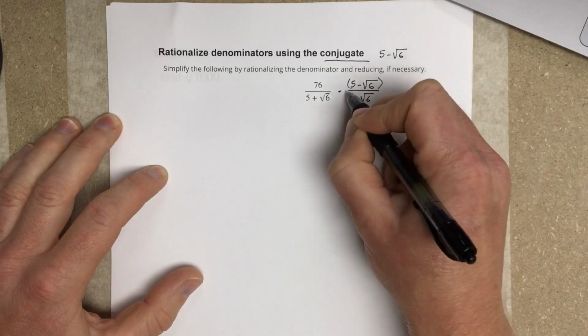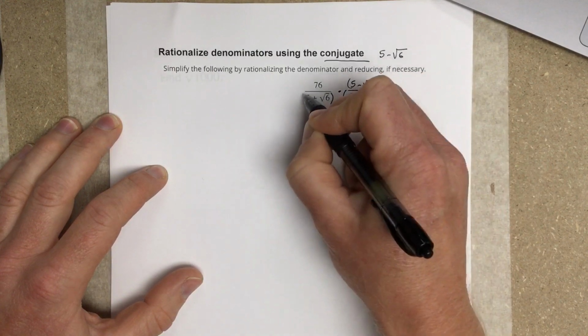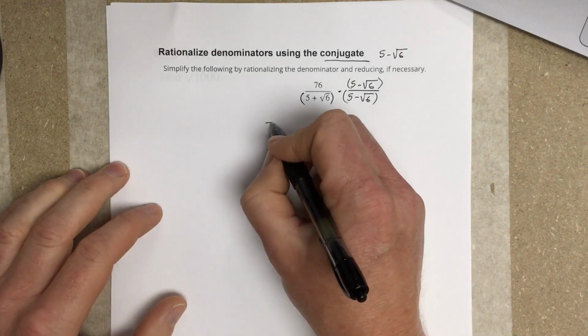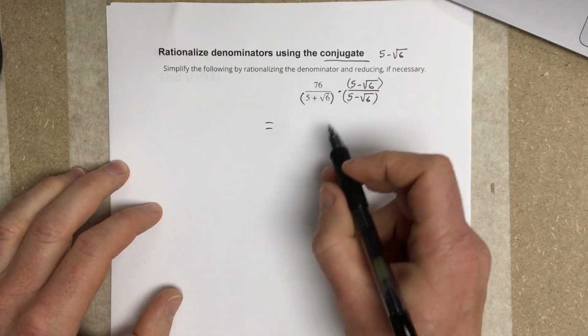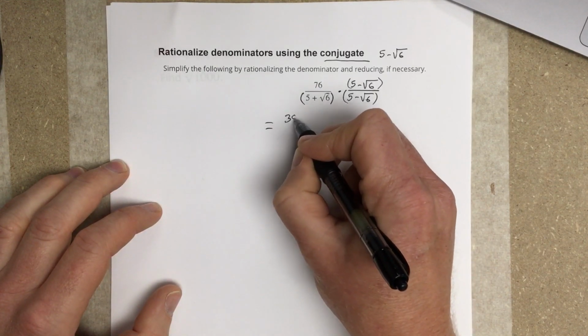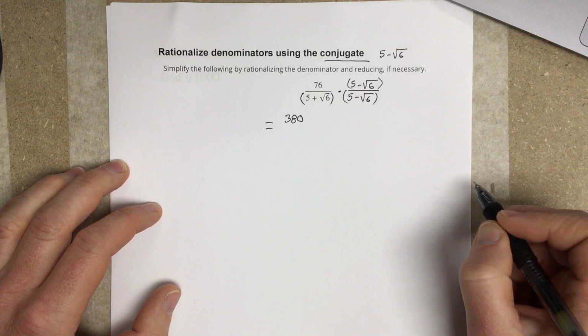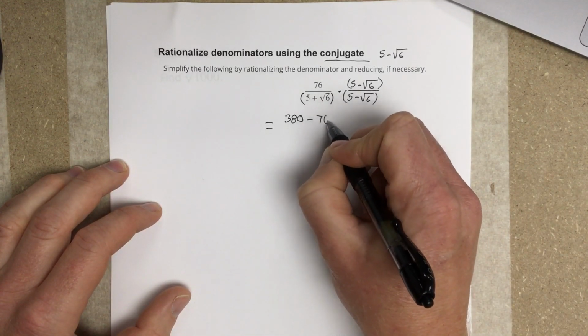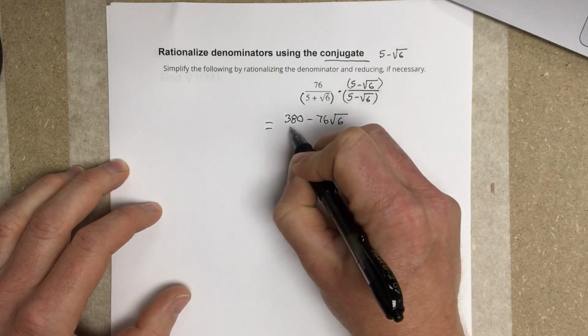Remember, I put parentheses around binomials so I don't forget the distributive property. 76 times 5 is 380. Minus 76 times root 6, so minus 76 root 6.